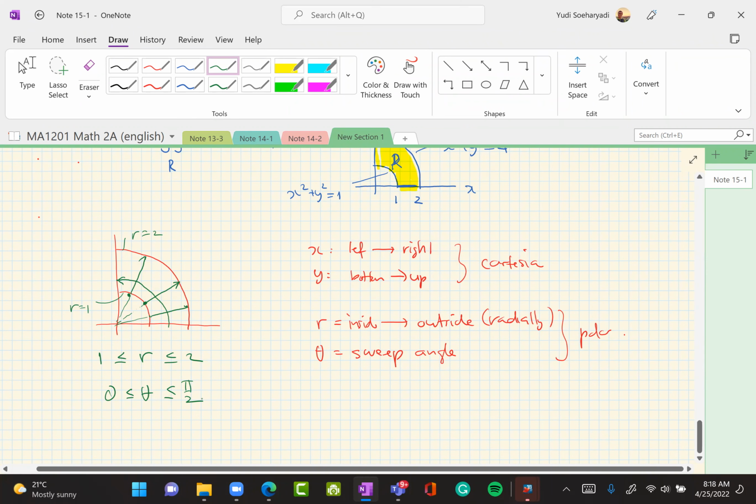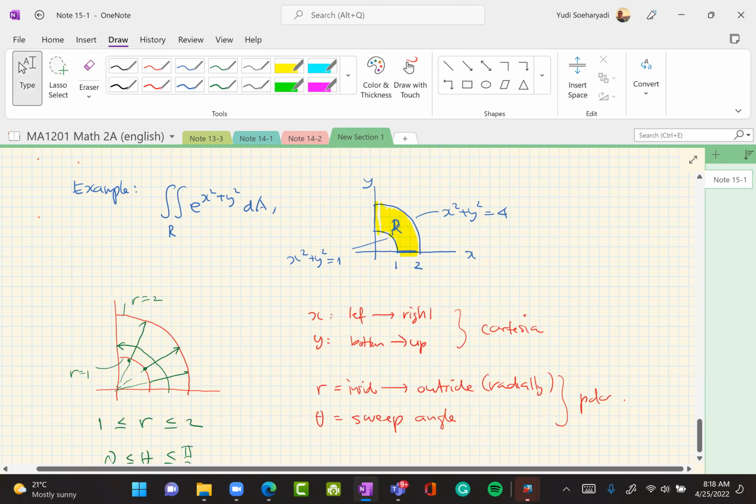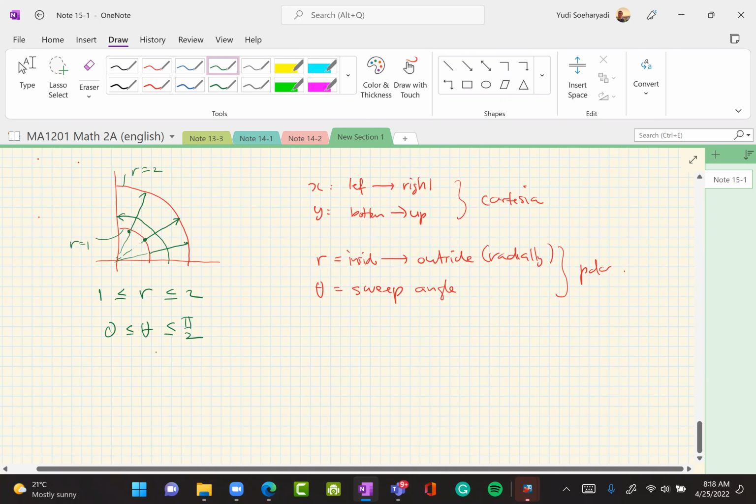Okay. So the region now can be expressed simply as r, theta, r between 1 and 2, theta from 0 to pi over 2.